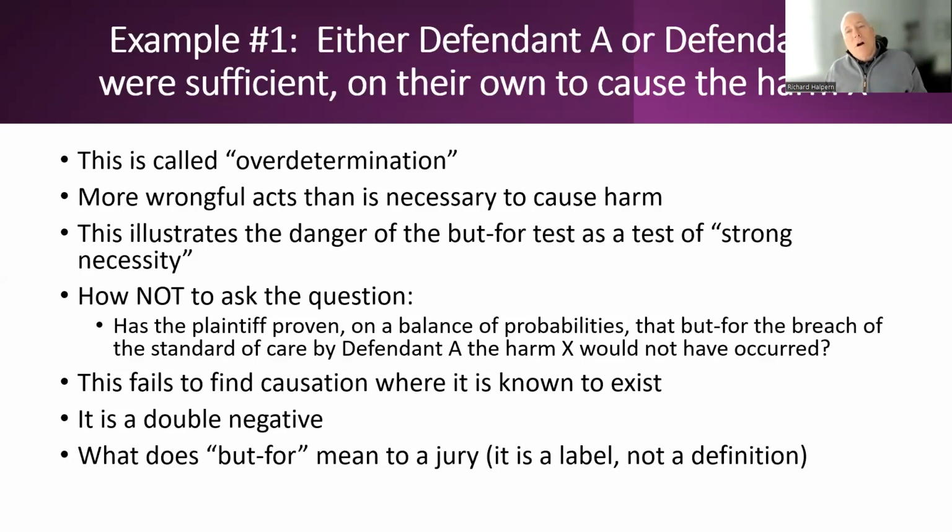And therefore, our causal questions should never include the words but-for, especially to a jury, because it's meaningless without more. That's why it's in quotes, because all the courts acknowledge that but-for is meaningless without further elaboration so that the jury can understand it. It can't be just a question of strong necessity.